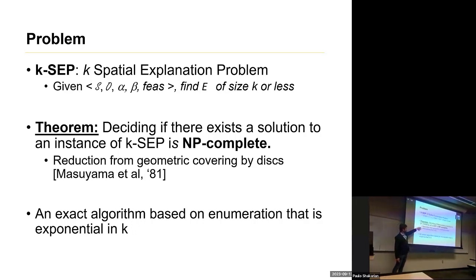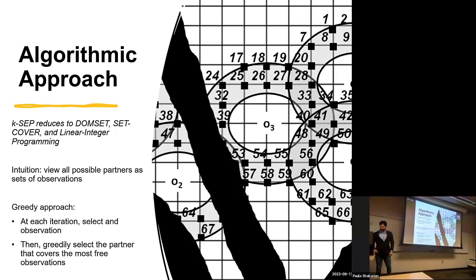And this is NP-hard, from computational geometry. If you want an exact solution, it's really easy to come up with some enumeration approach. But of course, we can do better by framing it as a set covering problem.